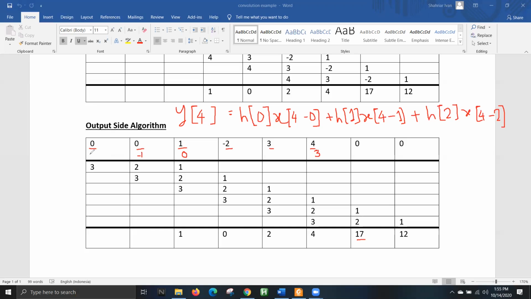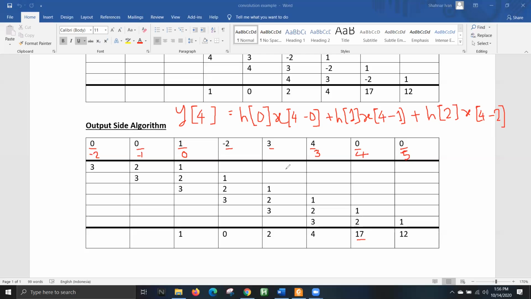This is minus 2. And remember that this did not exist. I had to pad them in. And this also did not exist. I had to pad them in. So I'll always use all the values of h. That is for sure. No matter how long the h is, that long this equation will be. But the x values will be based on which value of y I'm trying to compute.